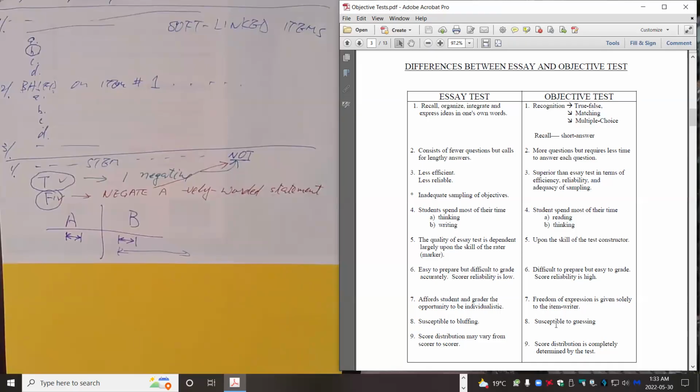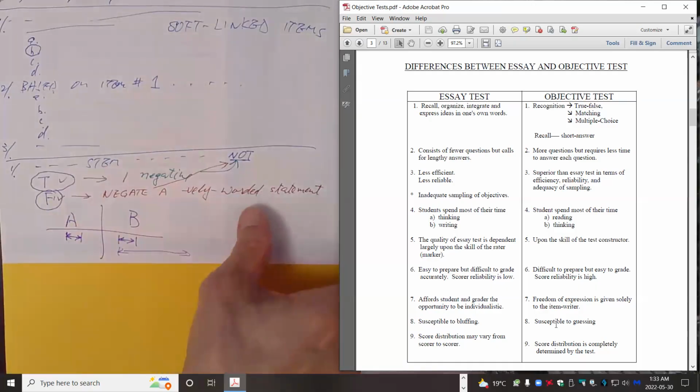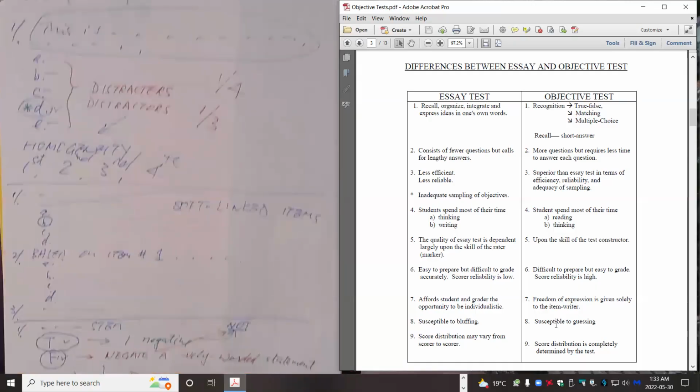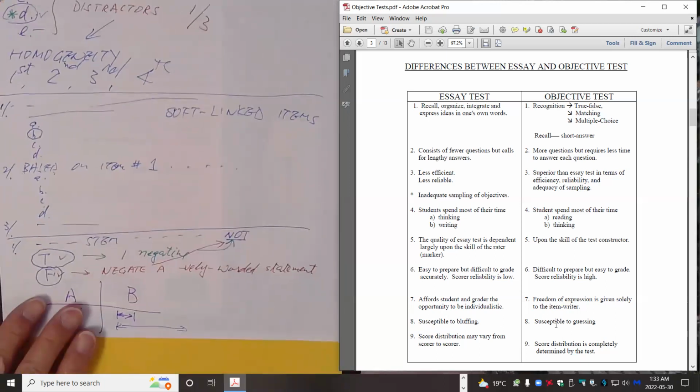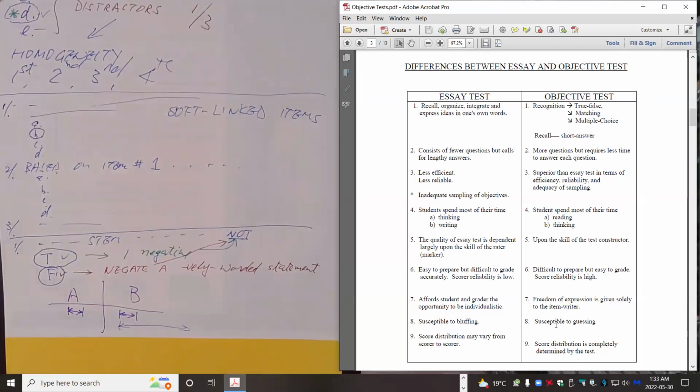Guessing on objective tests: yes, you could guess. You don't know the answer, pick C, that type of thing. Now, however, we know that on the average, over many tests, the effect of guessing is negligible. How do you know, Peter?